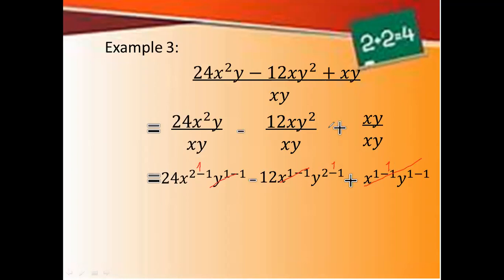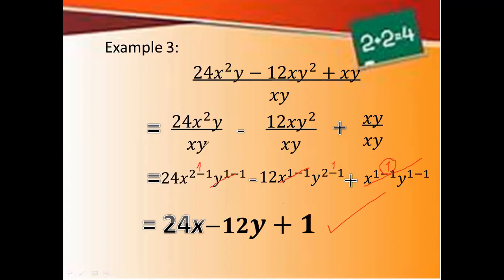So what remains is 24x minus 12y plus 1. Take note, any number raised to the power of 0 is equivalent to 1. So that is why we have now this final answer, 24x minus 12y plus 1.